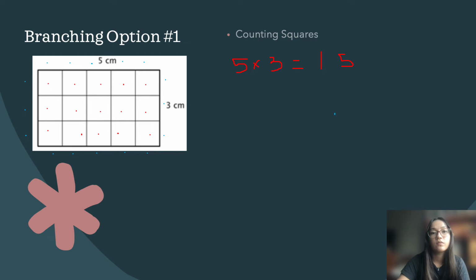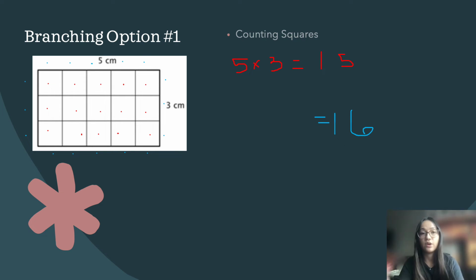And then we can double check this, and we should have an answer of 16. It would be 5 plus 3 is 8, plus 5 plus 3 is 16. So we know that that is correct. This is how we would use the Think Aloud strategy to walk students through it.